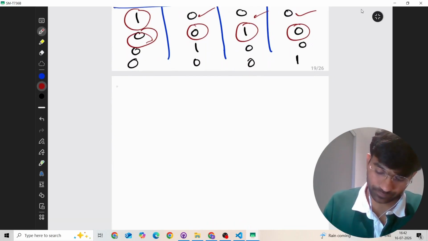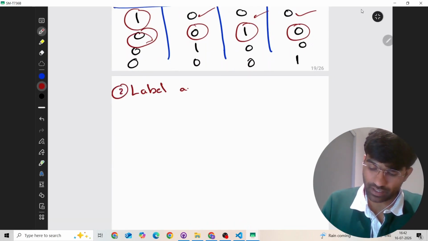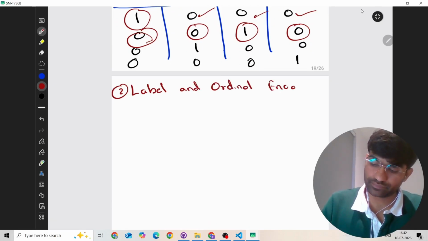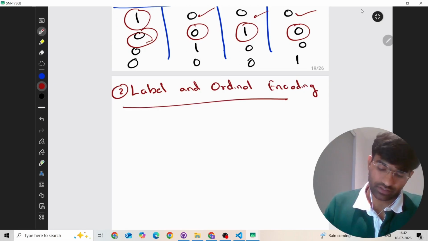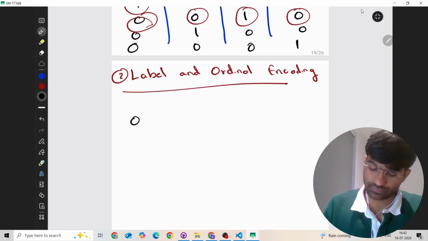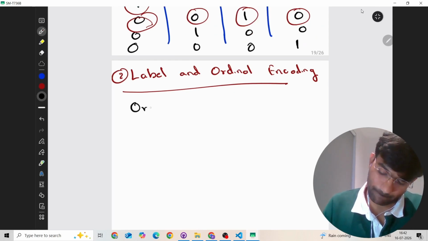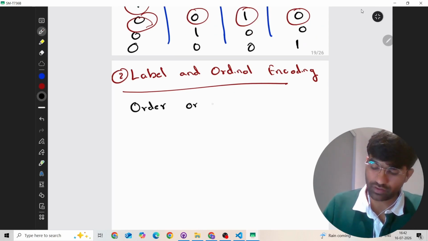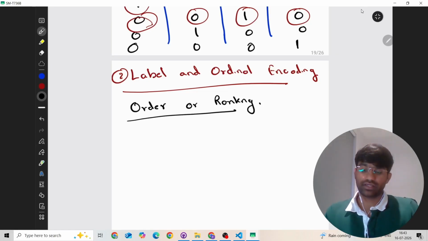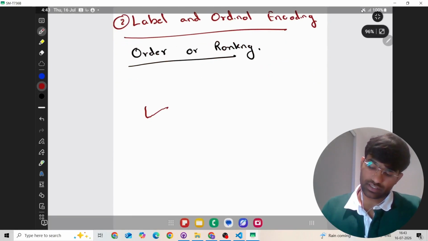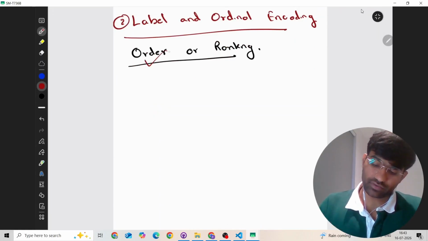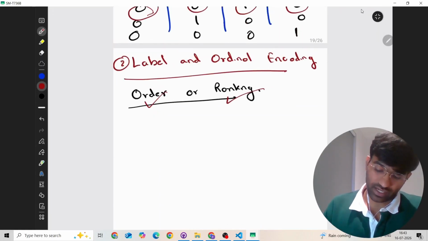Next is label and ordinal encoding. If there is order or ranking in the categorical values, in the categorical column, then we have to do the label or ordinal encoding. I will explain with an example.